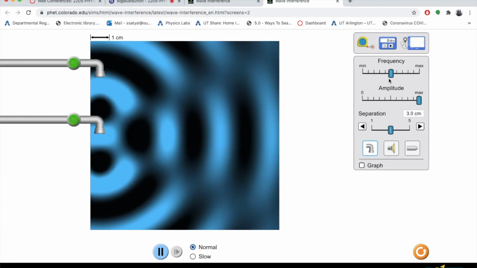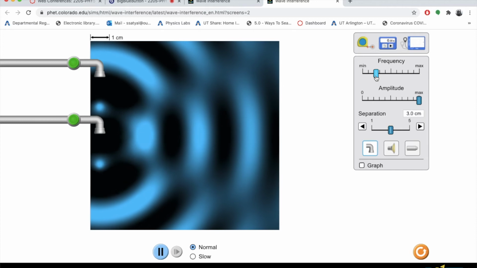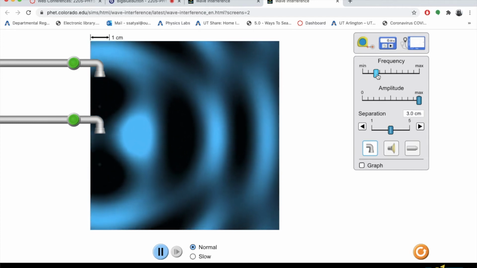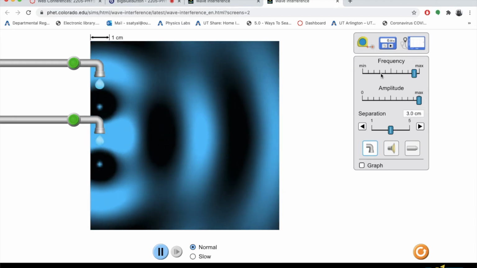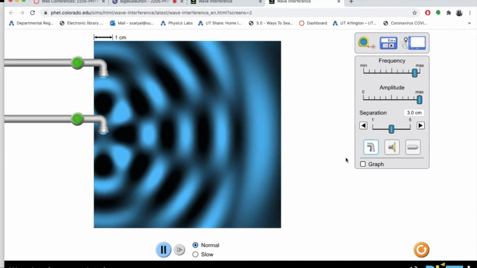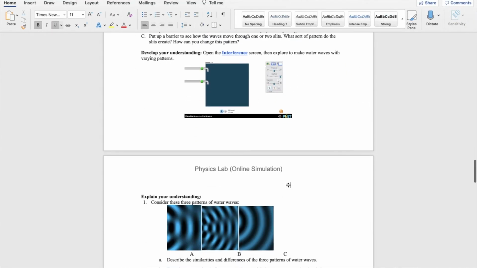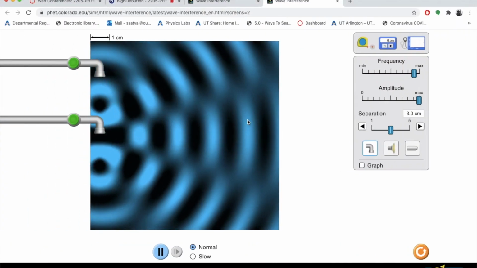How do you change the interference pattern? You can play with the frequency. What happens when you increase the frequency, or what happens when you decrease the frequency? Okay, answer these questions. And here three examples are given, A, B, C, which you can create for your own.